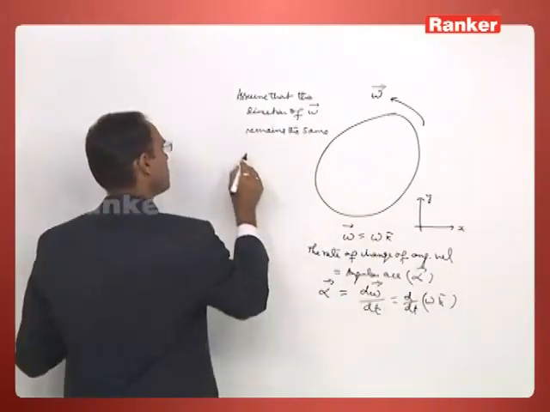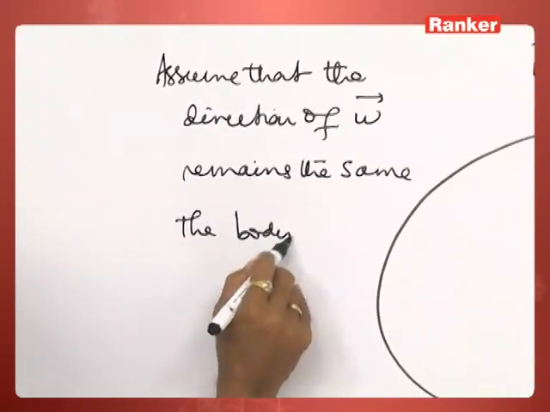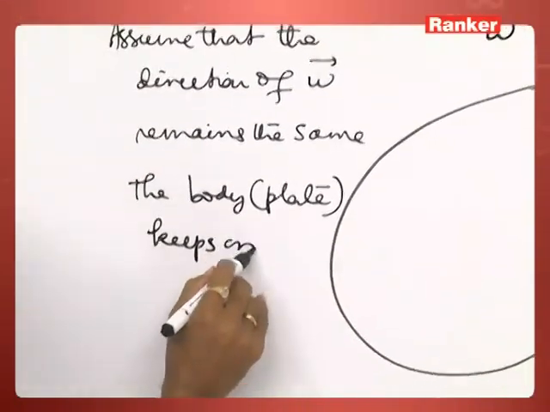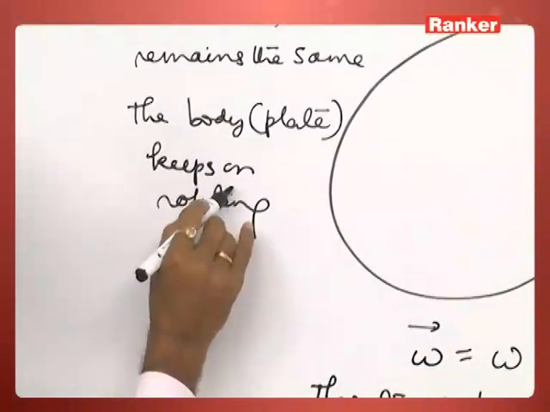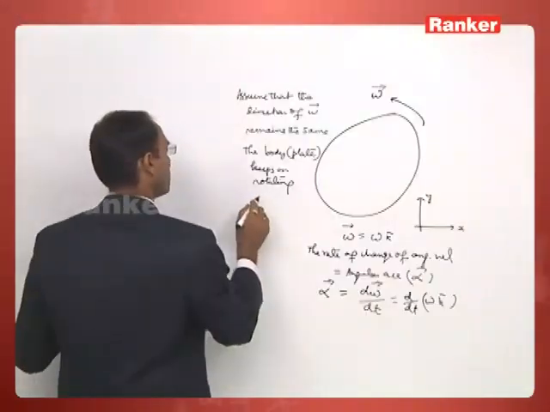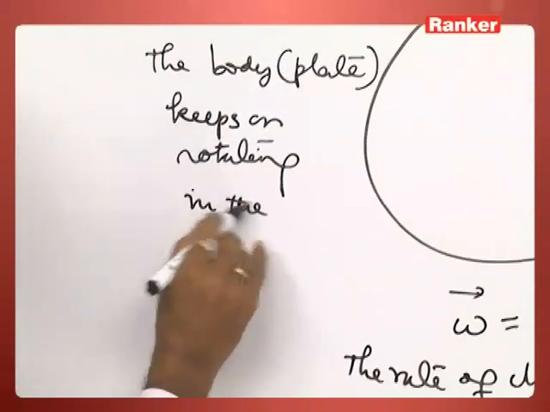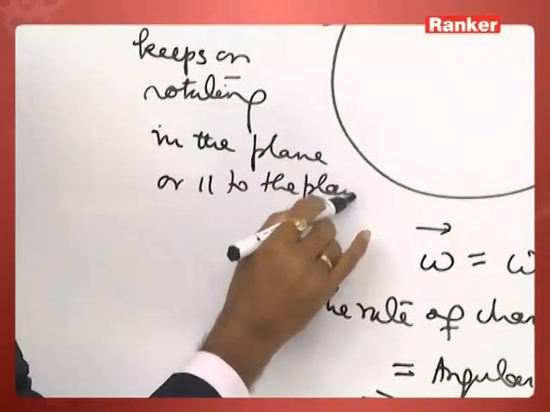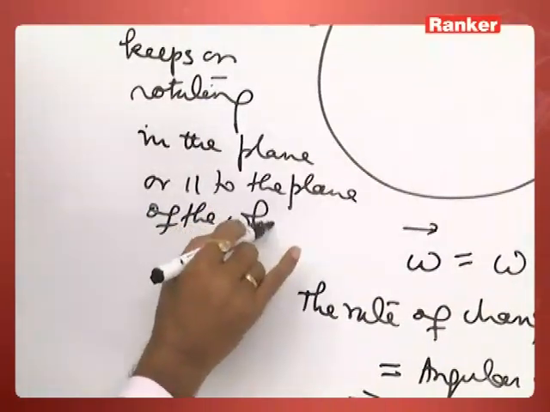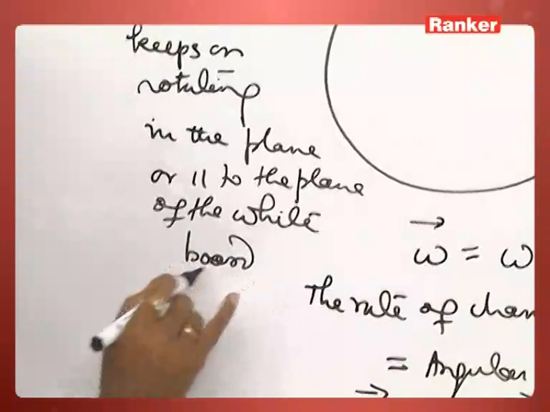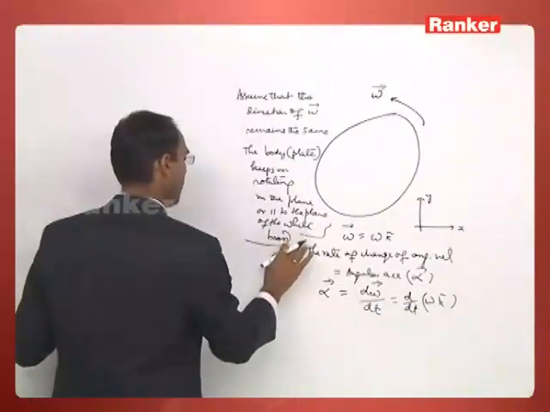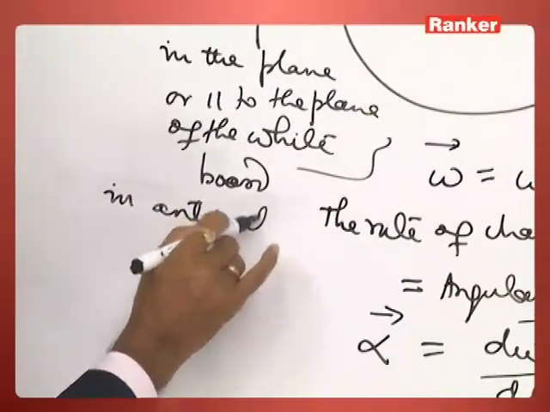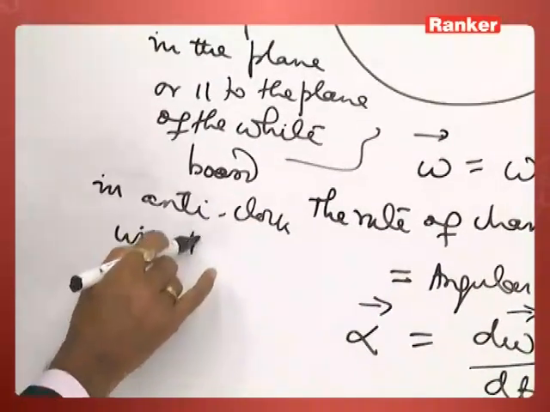In other words, the body, or for the sake of simplicity the plate, keeps on rotating in the plane or parallel to the plane of the whiteboard, in anticlockwise sense.